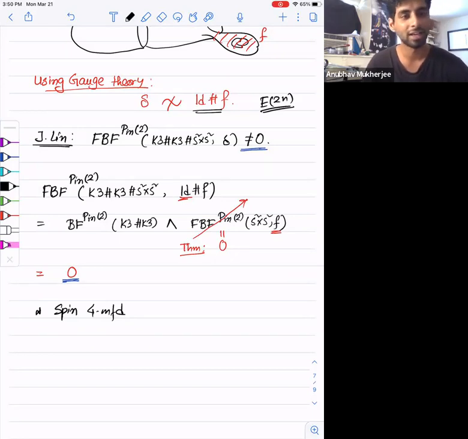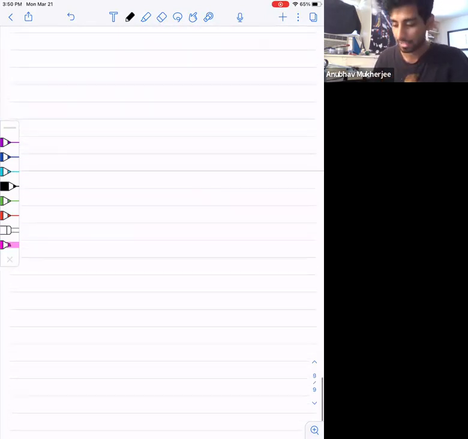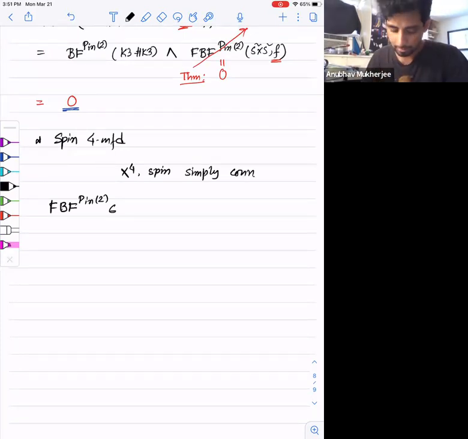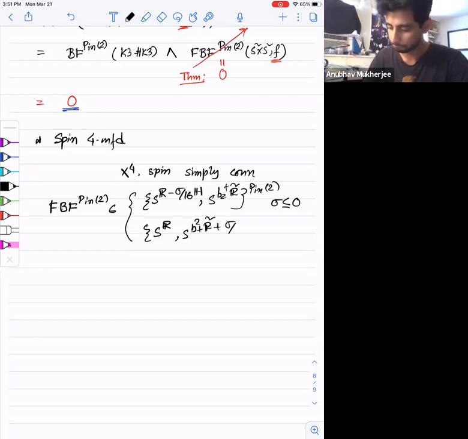In fact, here is one interesting thing. If you think of this invariant from the algebraic point of view, then for a spin simply connected 4-manifold, this element lies in the equivariant stable homotopy group when the signature is negative, and in another group when the signature is positive.